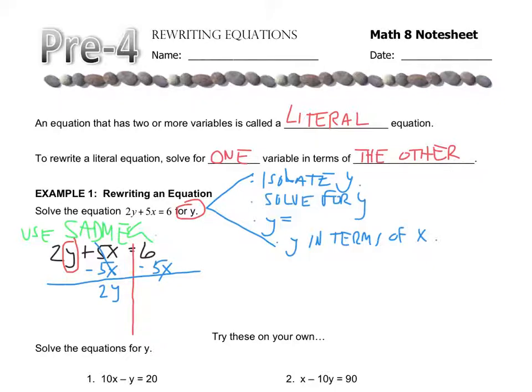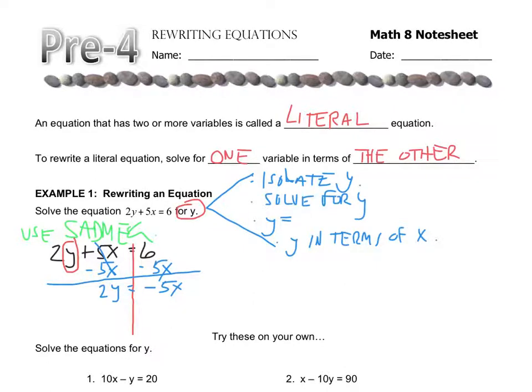The other thing that I would like to do, and this will be for a future lesson down the road, is have my x's first on the right hand side. So remember, minus 5x, I can keep that as minus 5x.